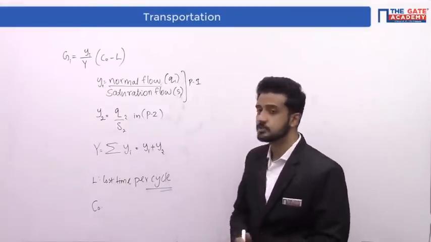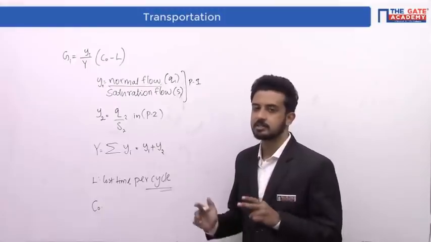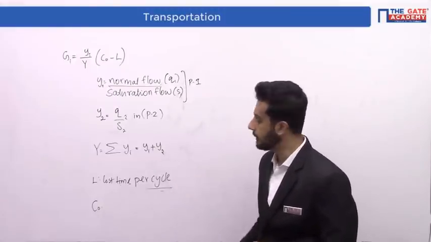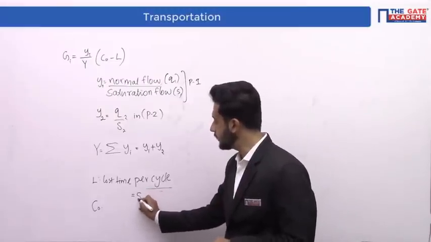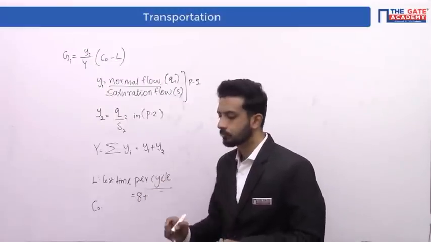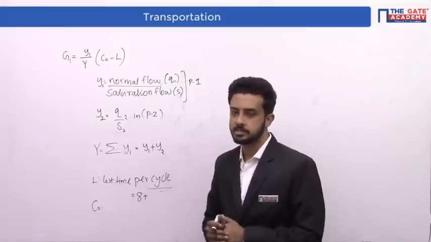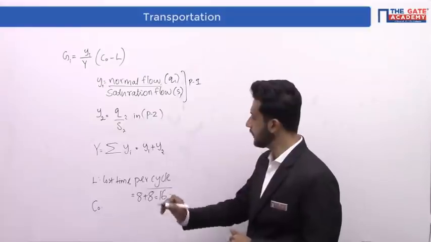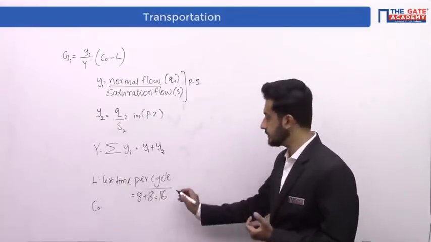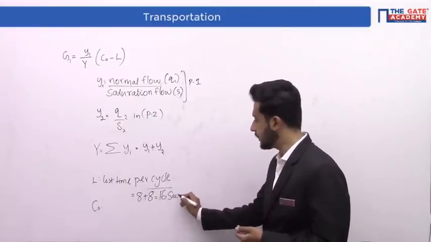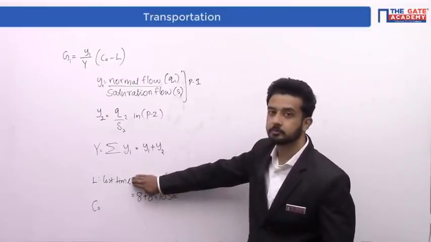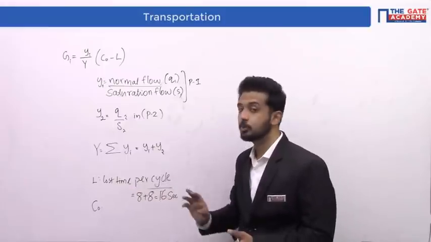So how many phases we are having? 2 phases in this question. Correct? So lost time per cycle will be how much? 8 in the first phase. They told that in both phases it is 8, so second phase also 8. So what will be the value of L? 16 seconds. Very important. If you are just studying the definition as lost time, then you will take L equal to 8.